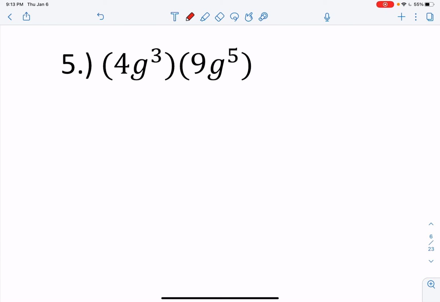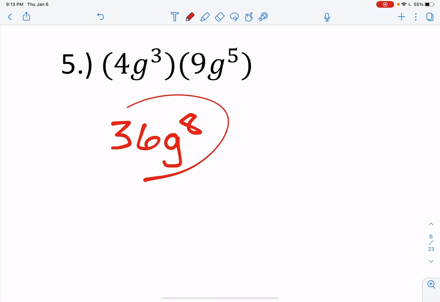Those are not exponents, you're not adding them, those are numbers. If I just said 4 and 9, you would say, oh, I'm multiplying those, so it's 9 times 4, which is 36. I don't add them because they're not exponents. I have 3 g's being multiplied here, and I have 5 g's multiplied here. I have a total of 8 g's being multiplied. So I'm done.